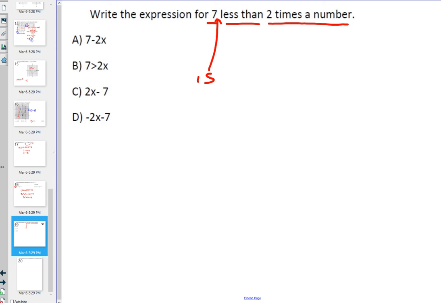Is less than. You would think is means equals, but when you say is less than, it just means a comparative symbol. It doesn't necessarily have to be an equal sign. It actually would have been a less than sign if it would have said is less than. But it just says 7 less than, which is supposed to be something minus 7. That number is 2x minus 7, so C.